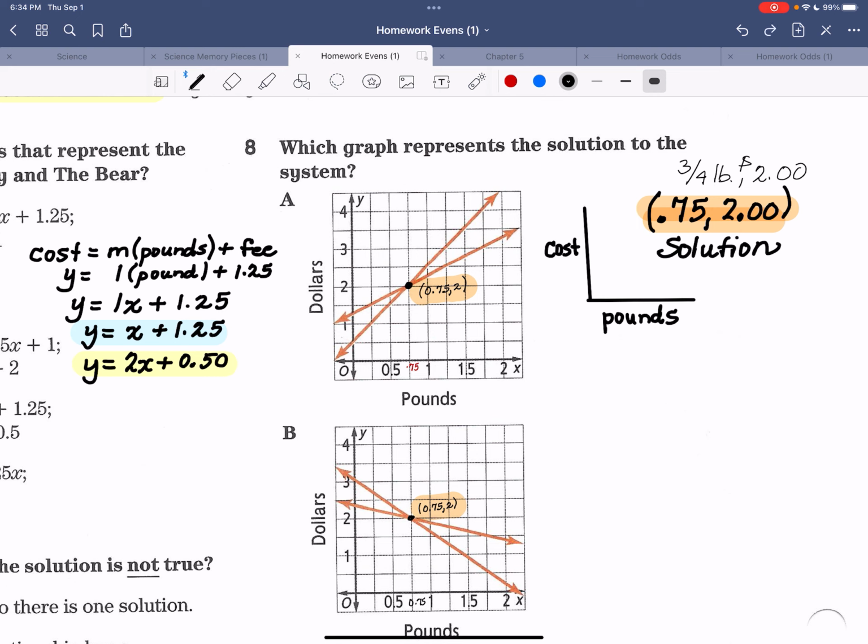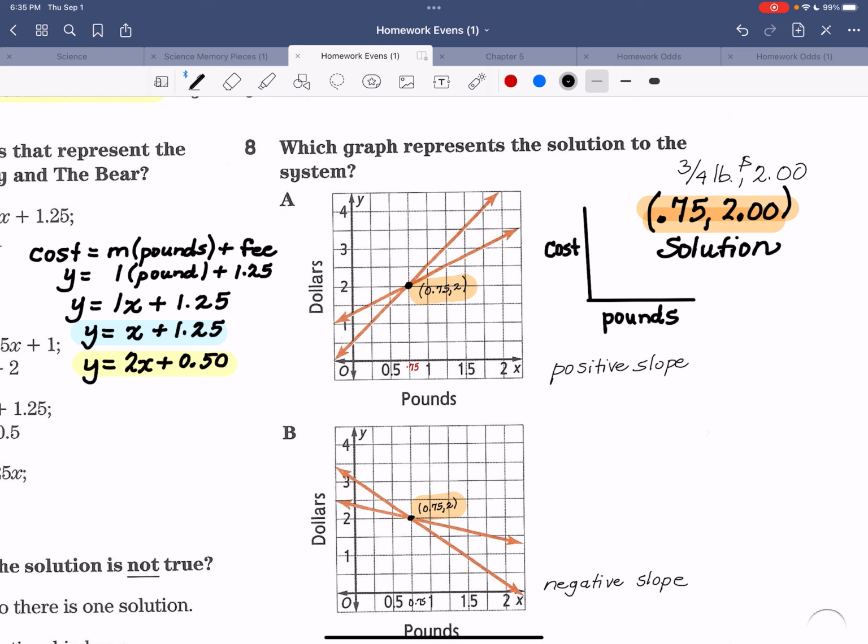This one has a positive slope, which is saying essentially the more pounds you buy, the more dollars you pay. This one has a negative slope, which is saying the more pounds you buy, the fewer dollars you pay.